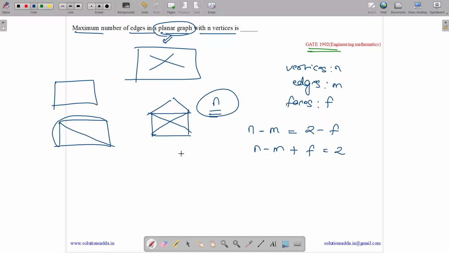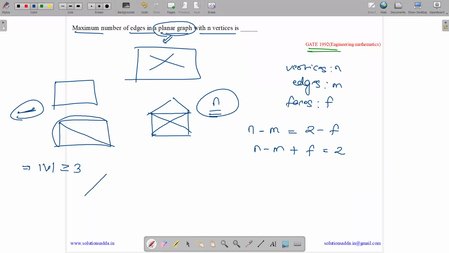Now here we can make an assumption that the number of vertices is greater than or equal to 3, as for 2 vertices it's a trivial case only. Now see, as the number of vertices is greater than or equal to 3, what is the case where we can't make a new face?